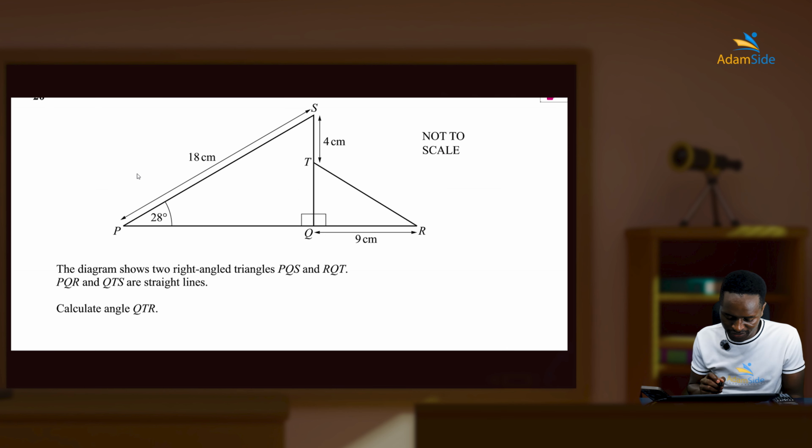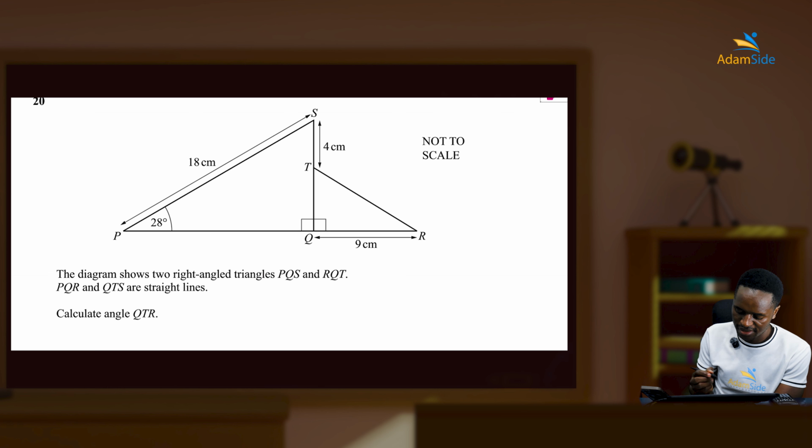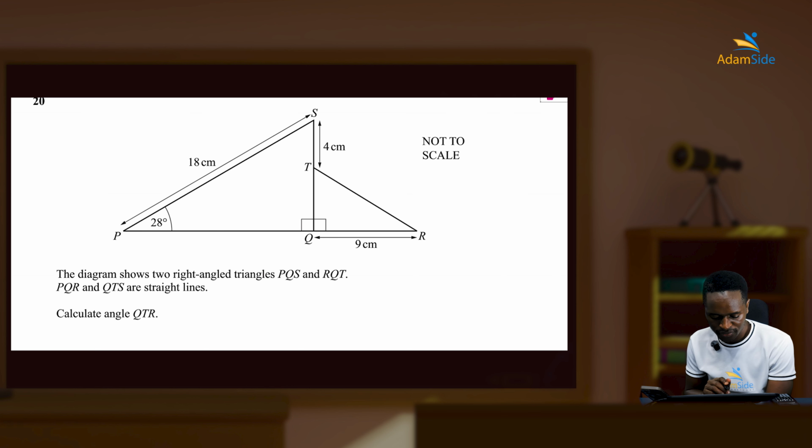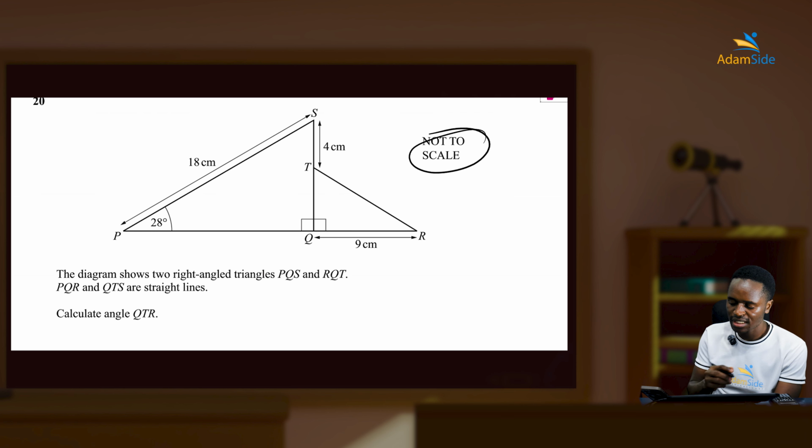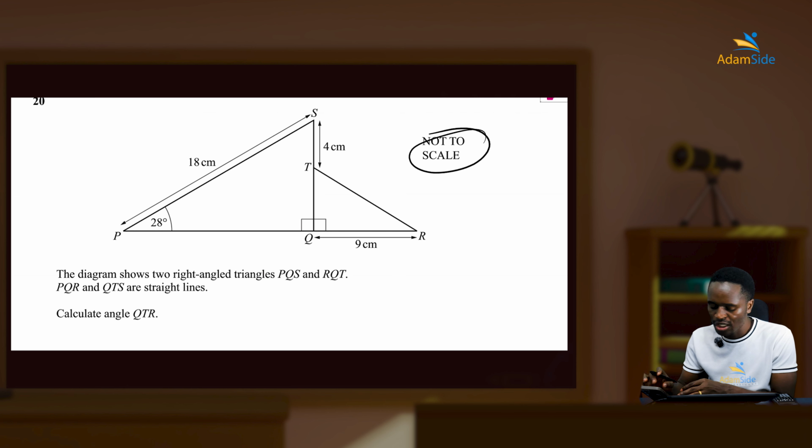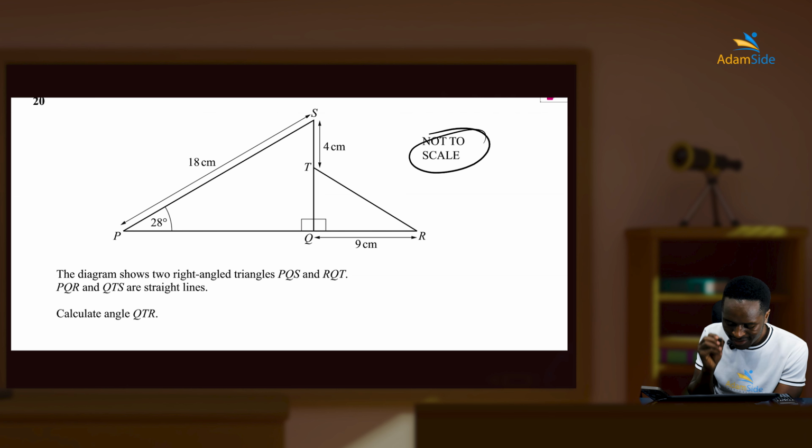Question number 20. The diagram shows 2 right angle triangles PQS and RQT. PQR and QTS are straight lines. Calculate angle QTR. It says not to scale, and that's most important. Students should understand that when questions say not to scale. We have an angle, a side of 18 centimeters, and 9 centimeters. We need to calculate angle QTR.